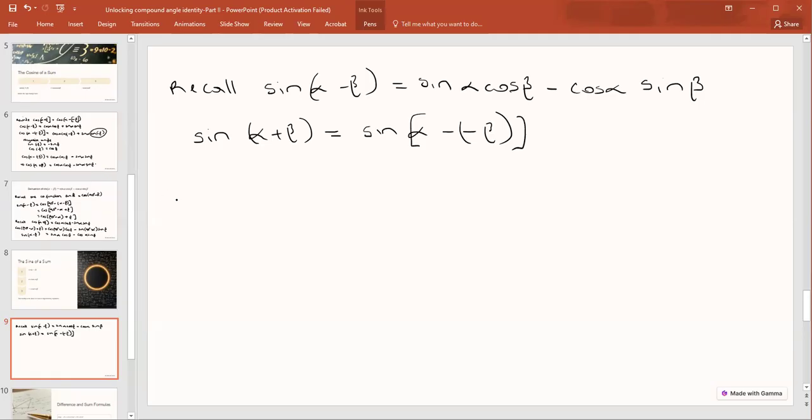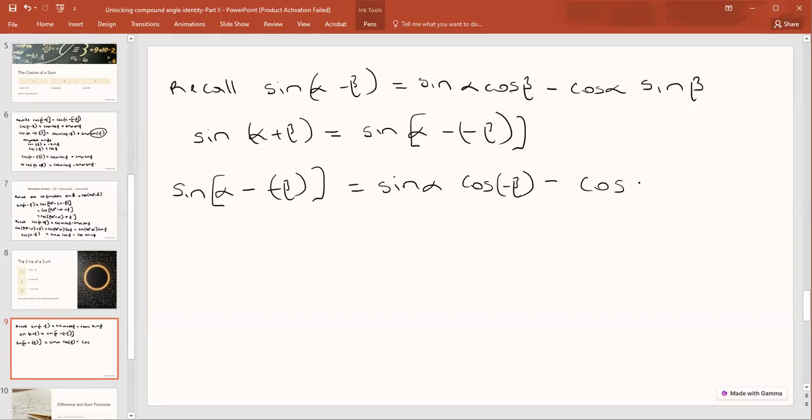So we have the following: sine of alpha minus beta equals sine of alpha times cosine of minus beta minus cosine of alpha times sine of minus beta.